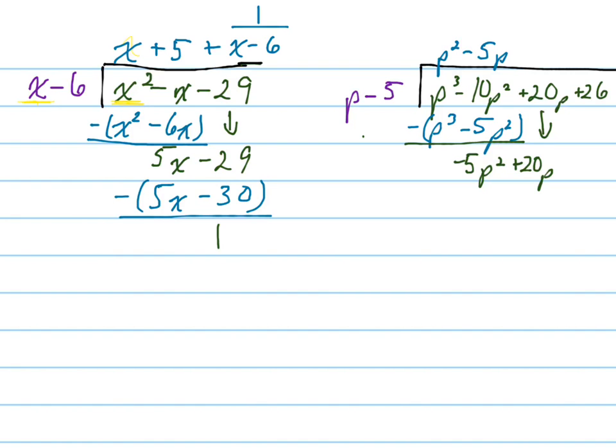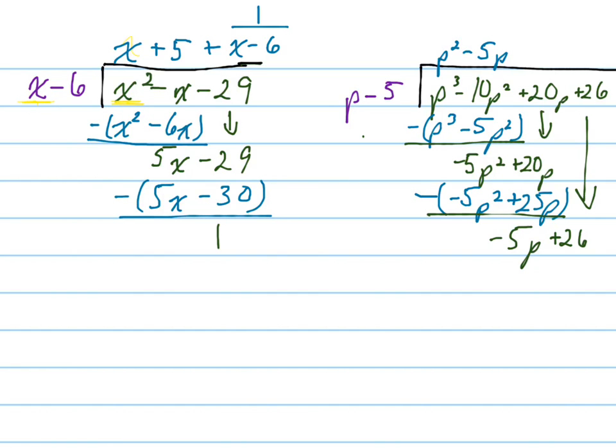Minus 5P squared, and then minus 5P times minus 5 is plus 25P, and I subtract all that, and when I subtract, what do I get? I get minus 5P, bring down the 26. You always bring down that next number. So that's going to be plus 26.